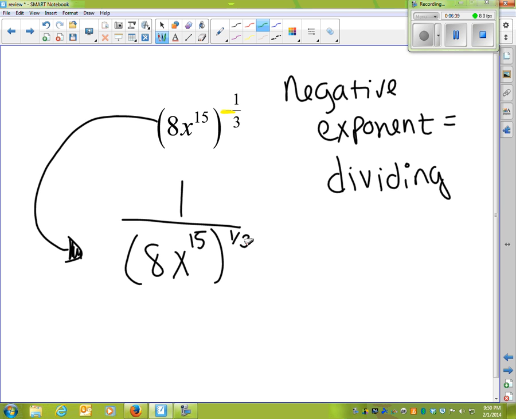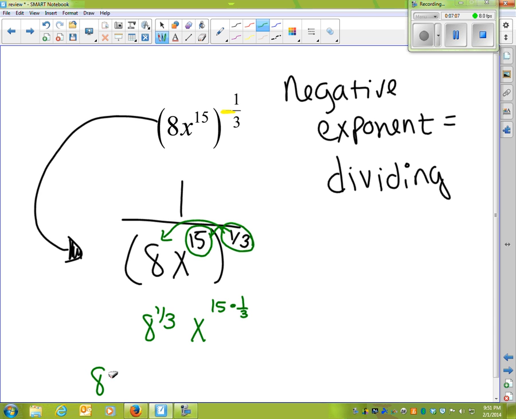Like my previous example, I'm going to take that 1/3 and I'm going to move it to both the 8 and to the 15. The 15 is already a power, so you multiply when you have double powers. 15 times 1/3. The 8 did not have a power with it, it was just a power of 1, so it's 8 to the 1/3. Right?